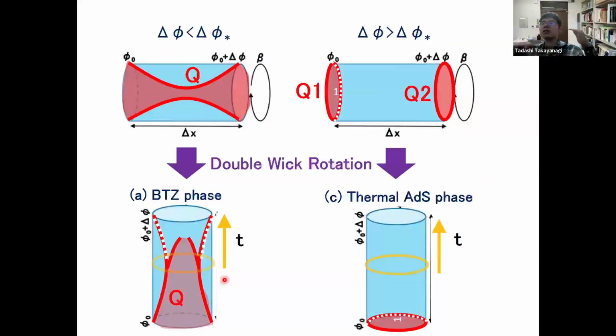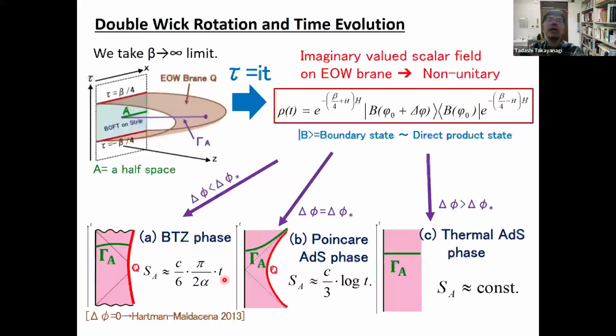That is just starting from a boundary state and time evolving it. Initially we have a completely disentangled direct product state, but under chaotic time evolution, the entanglement entropy grows linearly. So this is exactly it. But as delta phi is introduced, this coefficient decreases.